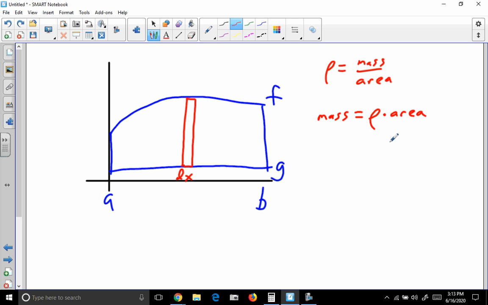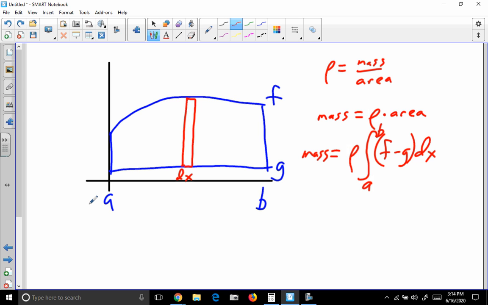The height is the top y minus the bottom y, and the width is dx. So if we want the total area of that whole region, we integrate that from left to right, and then we multiply it times the density, and that'll give us the total mass of our area.